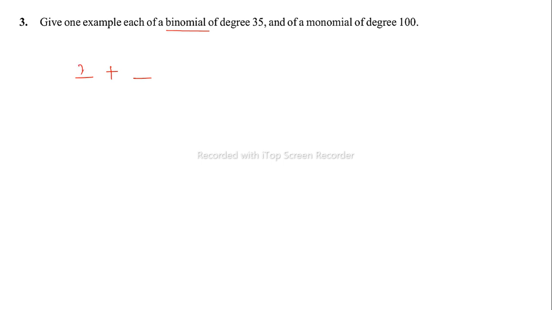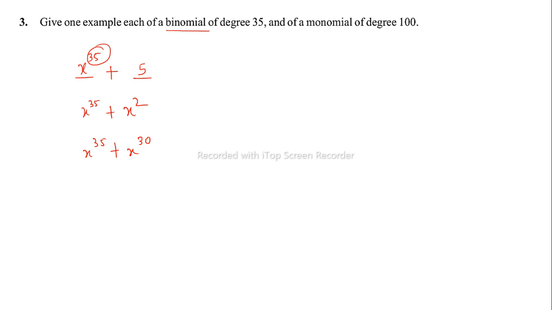So we can write x to the power of 35 plus 5, or x to the power of 35 plus x squared, or x to the power of 35 plus x to the power of 30 also. Here we see that in all the cases the highest power is 35 and it contains only two terms, so it is a binomial.